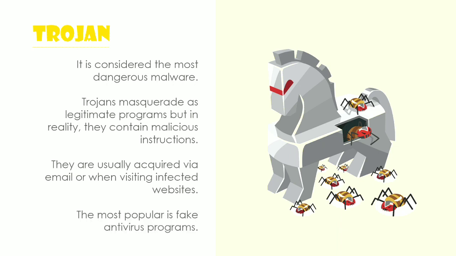The most popular Trojan malware is a fake antivirus. It could be as ironic as it sounds, but a lot of criminals are creating software or programs in the form of an antivirus. So that whenever you install the software, you feel that you are already secured because it is an antivirus program, and then you will later realize that your computer is actually already infected with a Trojan malware.